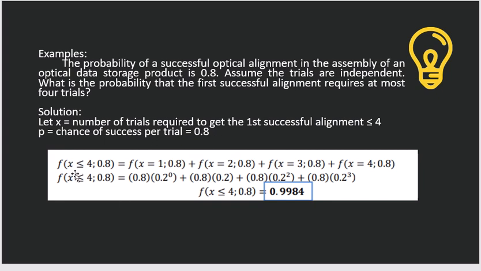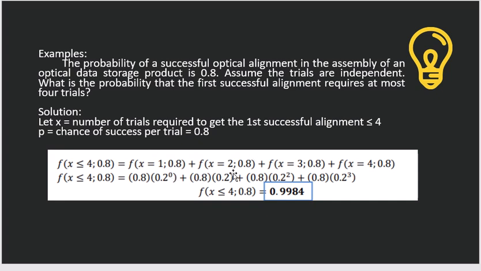So if you're going to compute the summation of f of x for x less than or equal to 4, and the probability is 0.08, you're going to have x equals 1, then 2, x sub 2, x sub 3, and x sub 4, until you reach it. So you're going to have the individual computation.